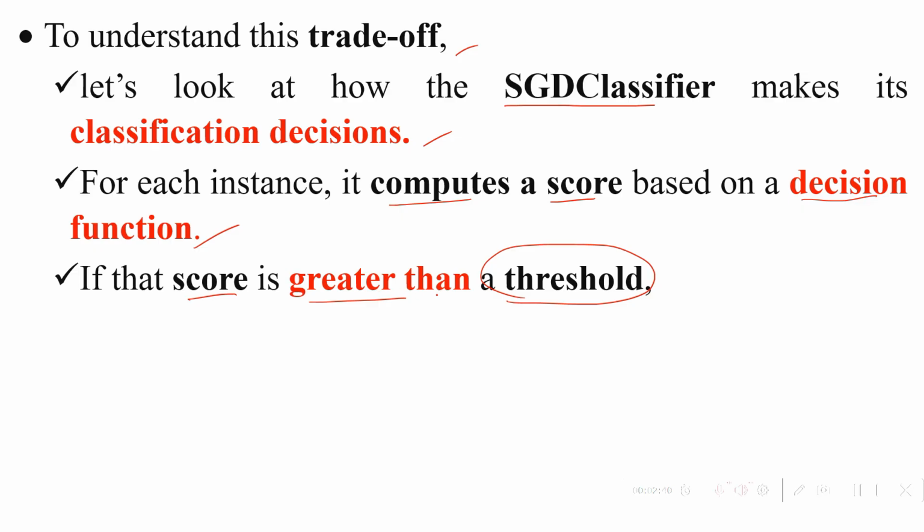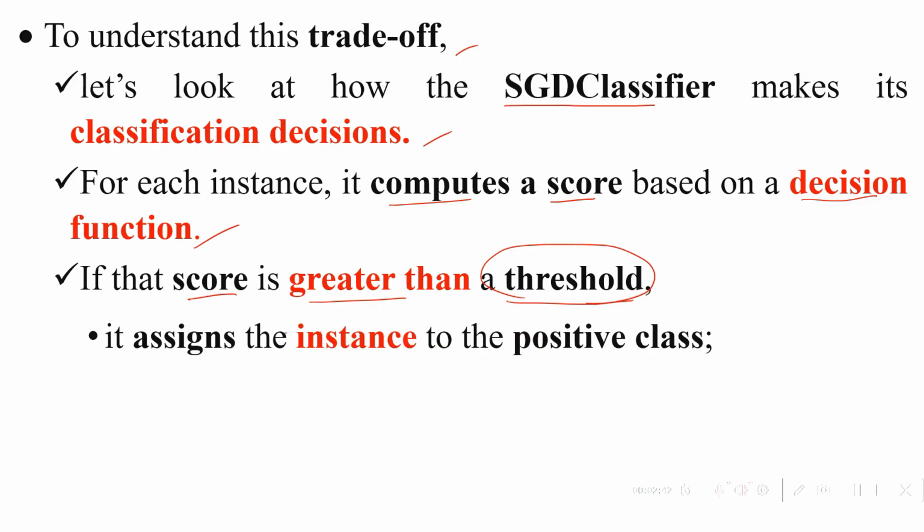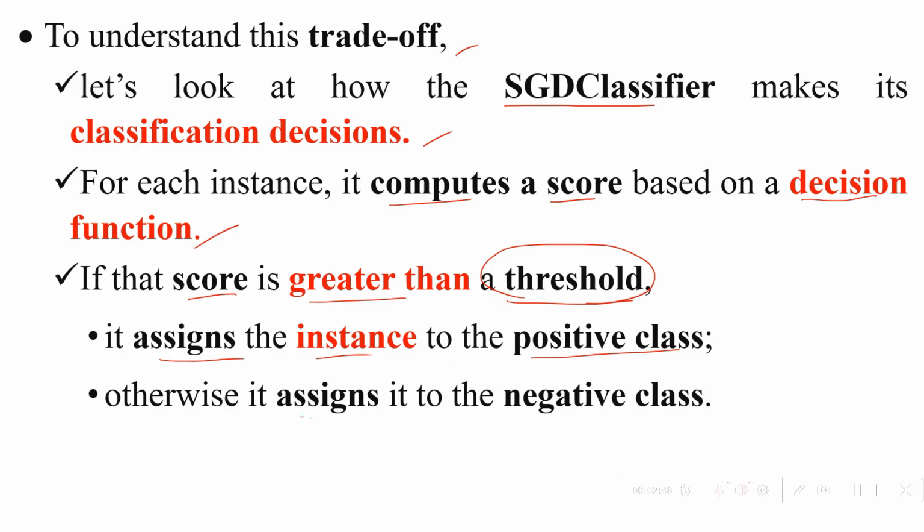If that score is greater than the threshold value, then it assigns the instance to the positive class. Otherwise, it assigns it to the negative class.